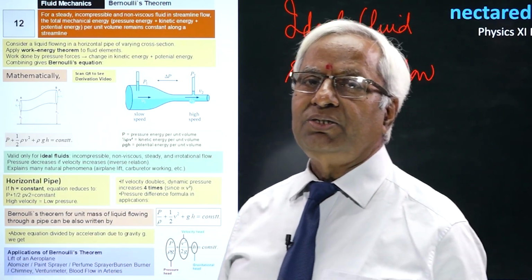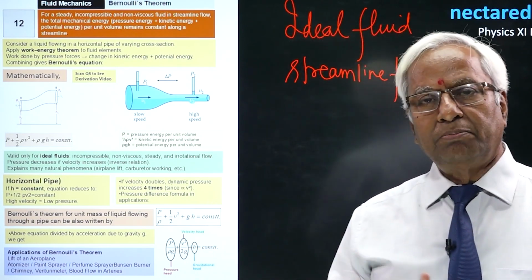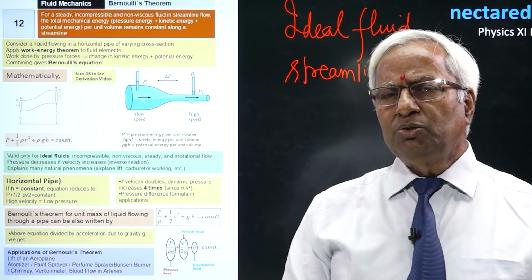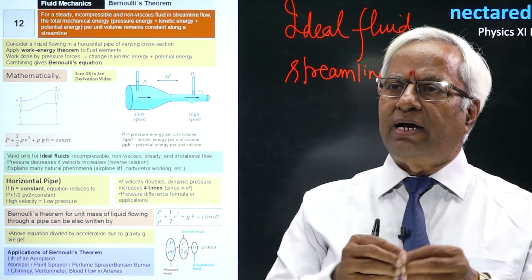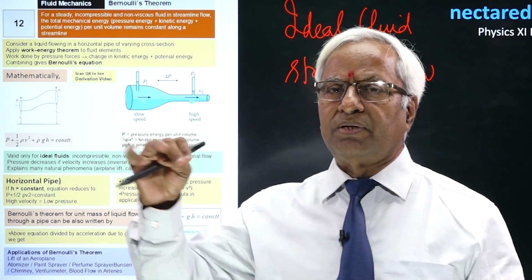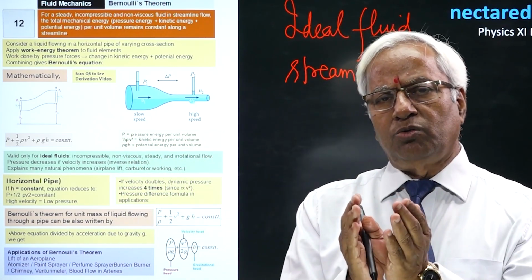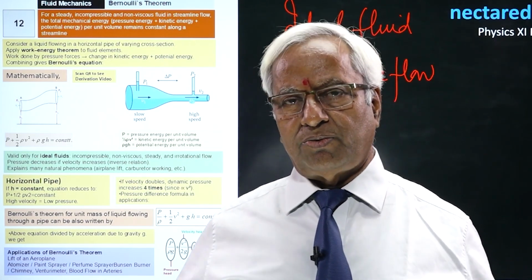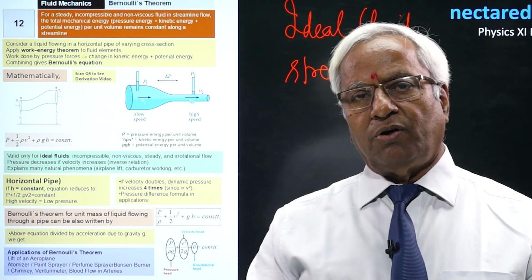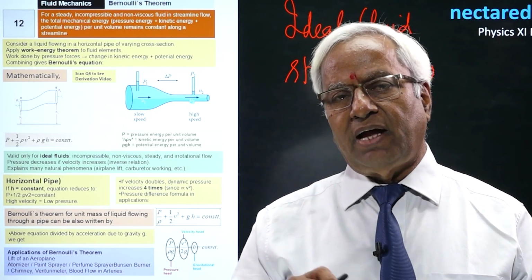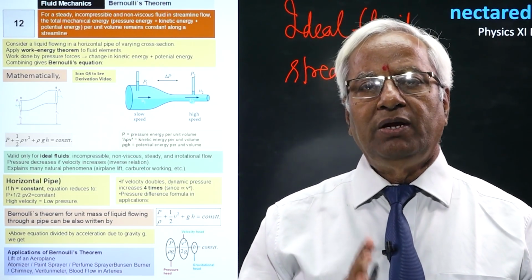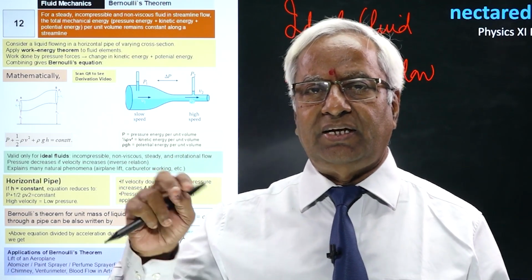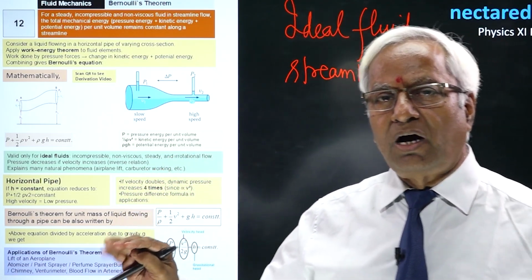What are those three energies? Kinetic energy, potential energy, and the pressure energy. Once you say per unit volume and use all three terms, you have reduced the whole size of Bernoulli's theorem. Now it becomes easier to interpret: for an ideal fluid in a streamlined flow, per unit volume, the sum of kinetic, potential and pressure energy remains constant throughout.